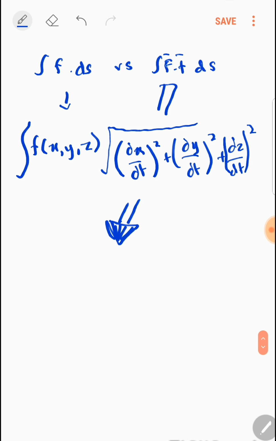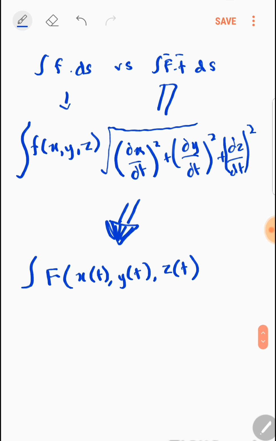Let's have a look at this instead. If I have f dot T ds, that basically means your f bar here is in vector form, which means you will have to parameterize your equation first. That's where you get your f of x(t), y(t), z(t), dot your r prime of t, and it will then be dt over here.